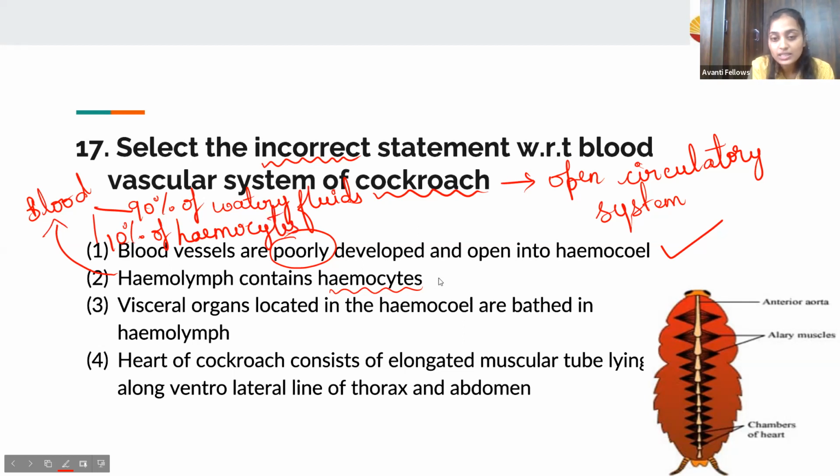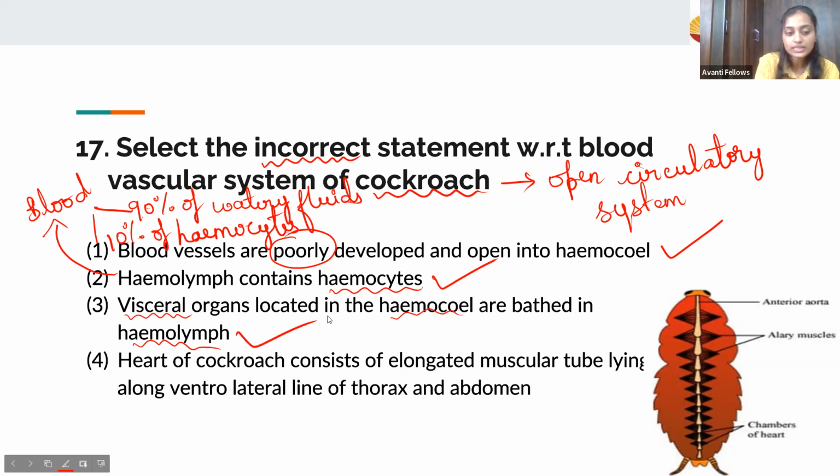So the second statement is also correct. The third statement says that the visceral organs located in the hemocoel are bathed in the hemolymph. As I already said, the cockroach has an open circulatory system, and these visceral organs are bathed in the hemolymph. So the third statement is also absolutely correct.